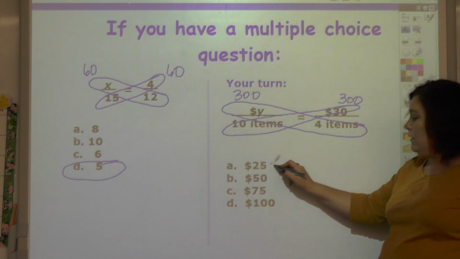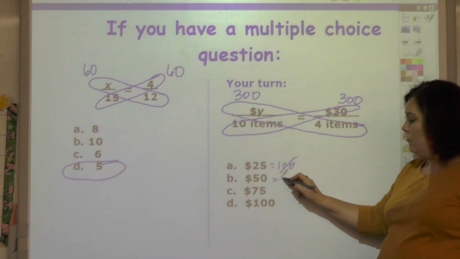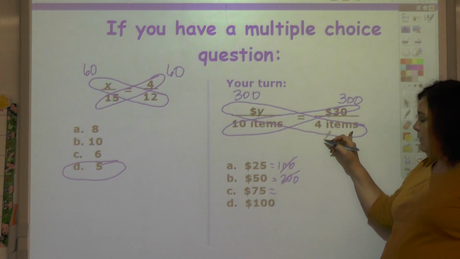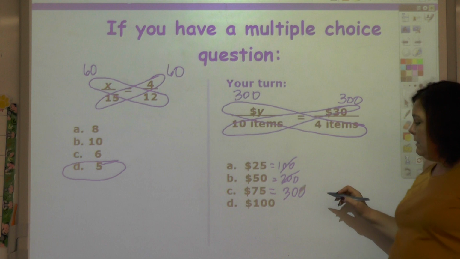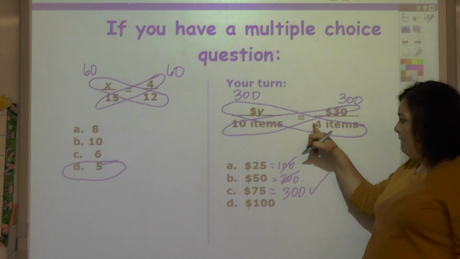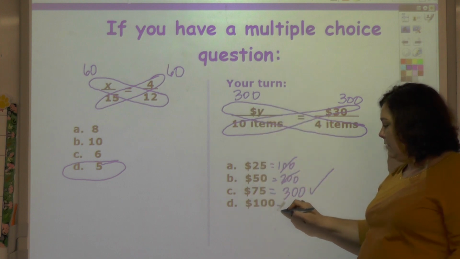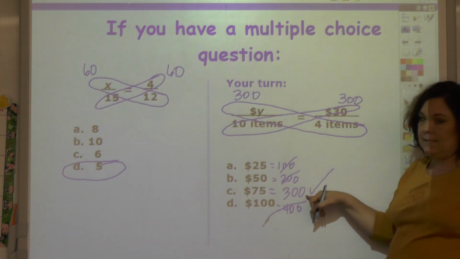That equals 100, so it can't be that. 4 times 50 is 200, so it can't equal that. 75 times 4 is 300, so it does equal that. But just to check, 4 times 100 equals 400, so it can't equal that. So it has to be C.